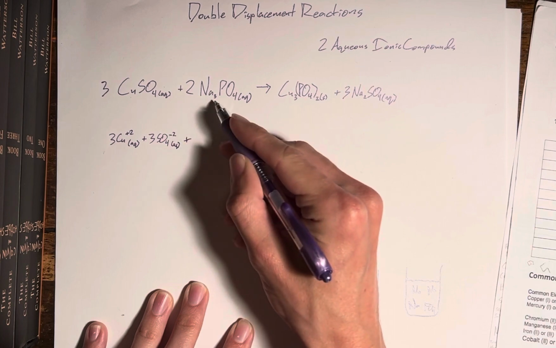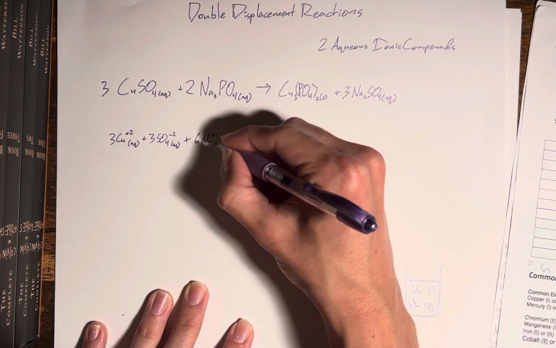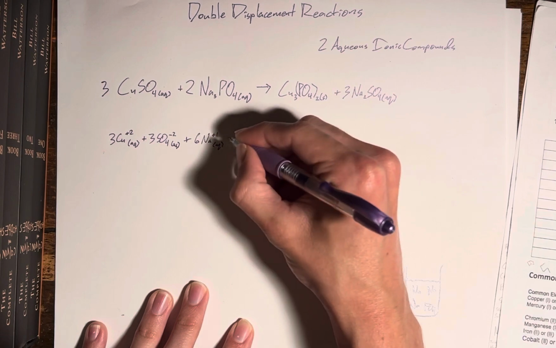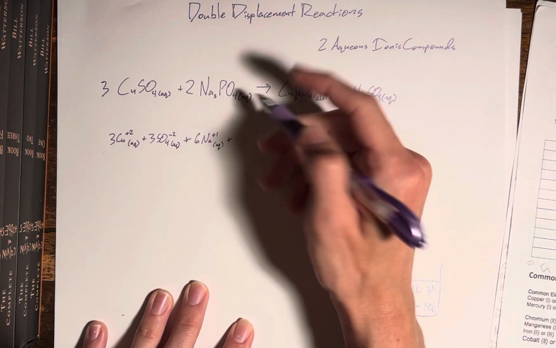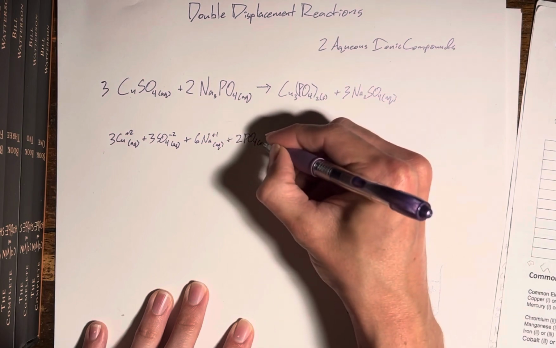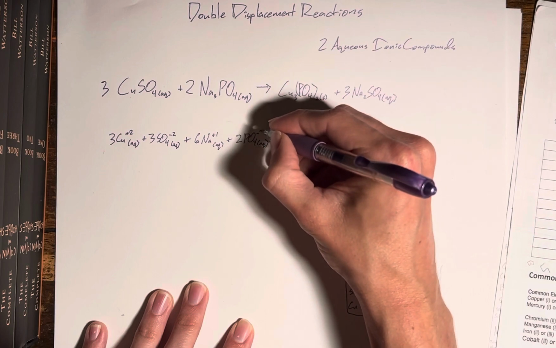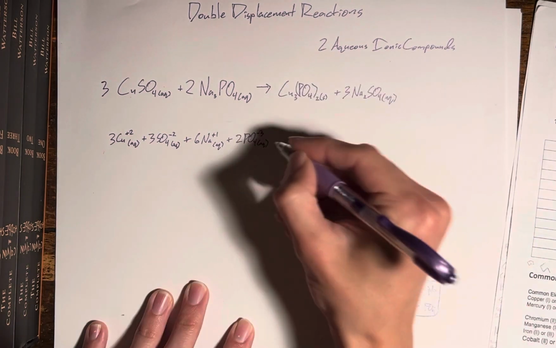Plus we have 6 total sodiums, all with a +1 charge, aqueous. And we have 2 phosphates, aqueous, with a -3. There we go.